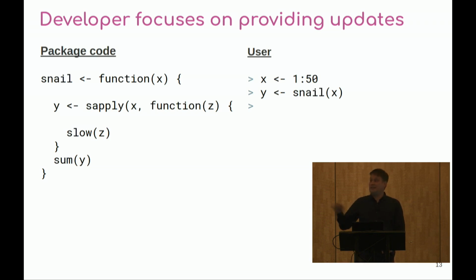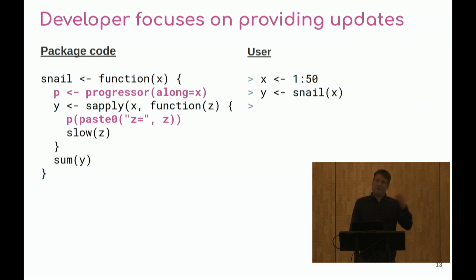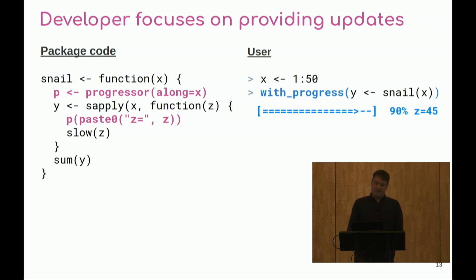And it's going to be dead silence here. You don't know if it's running or not. So as a developer, you can now just add these two things. You create a progressor along x, and then you call this in every iteration with a message saying which element you work on. And the user calls it again. Of course, nothing happens because they need to do with_progress. And now they're listening, and they're going to get progress updates.